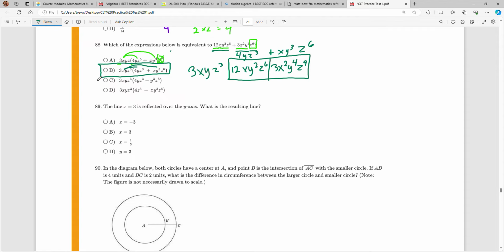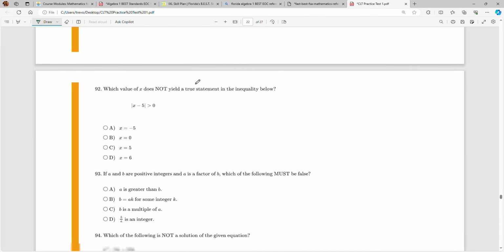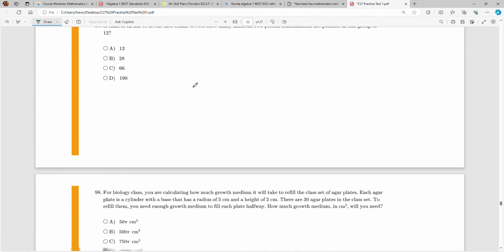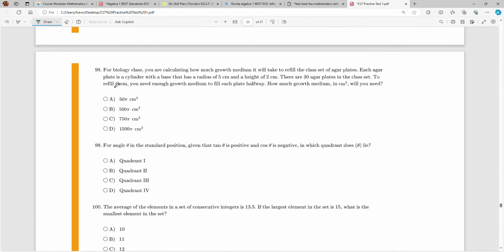And moving on, nothing on the next page. Our next request was number 98. For a biology class, you are calculating how much growth medium it will take to refill the class set of agar plates.